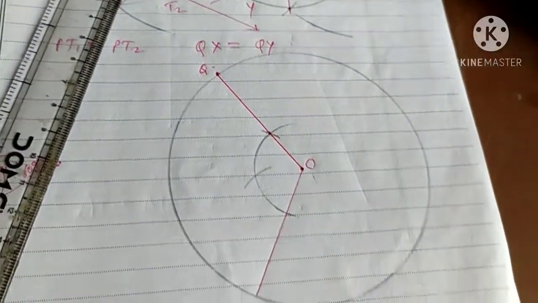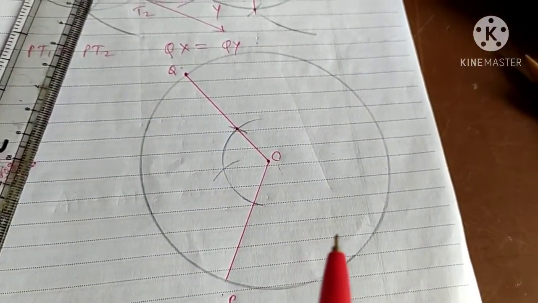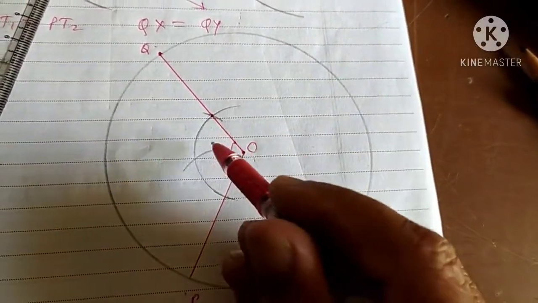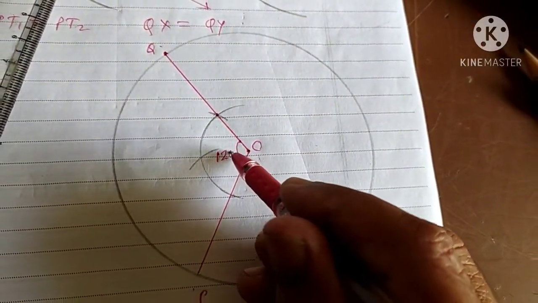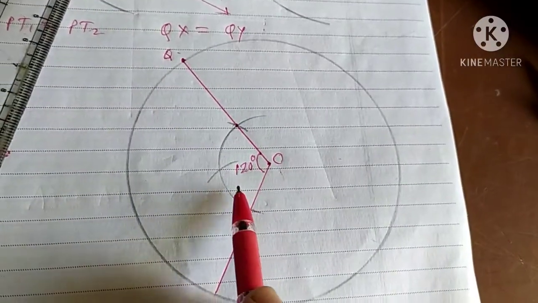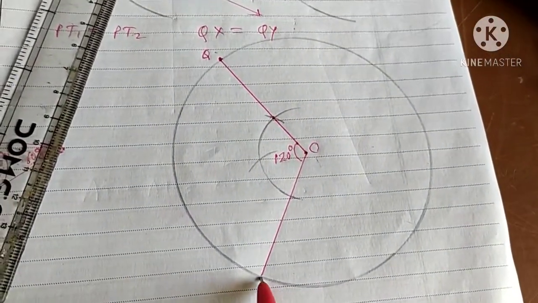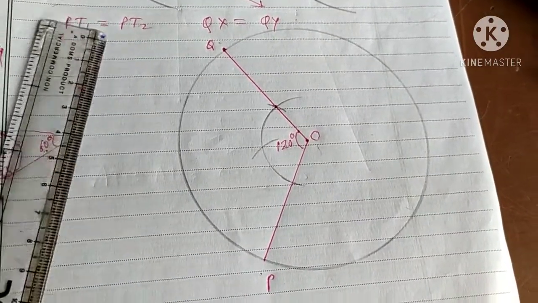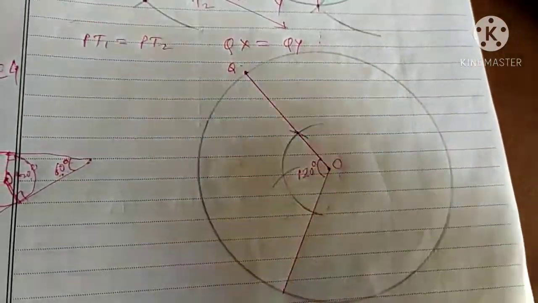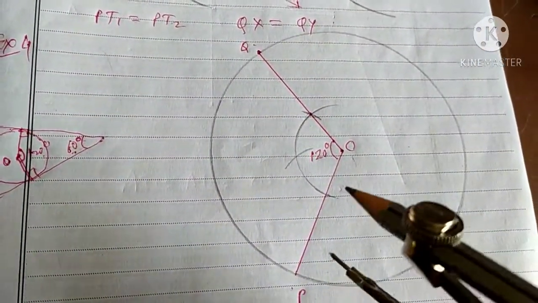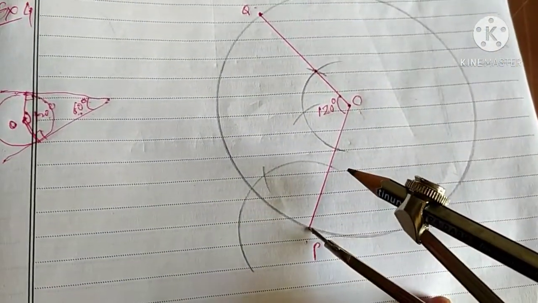Clear? Then see, children, we want two tangents inclined at 60 degree, so we have to construct 120 at center. Why? Because 60 plus 120 is 180. Okay. Now, we will draw a perpendicular at P. You know how to draw a perpendicular at P using compass. With suitable radius and point P, draw an arc.